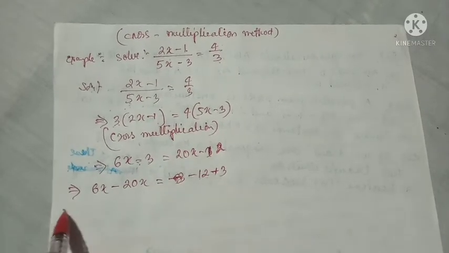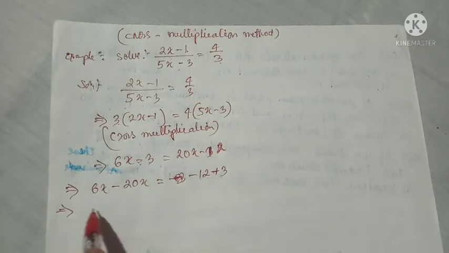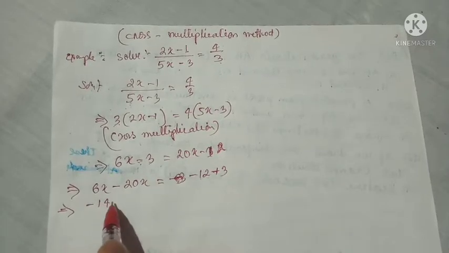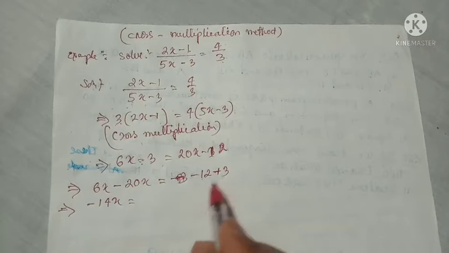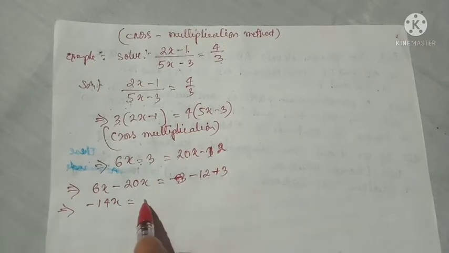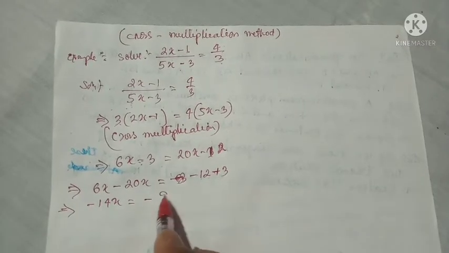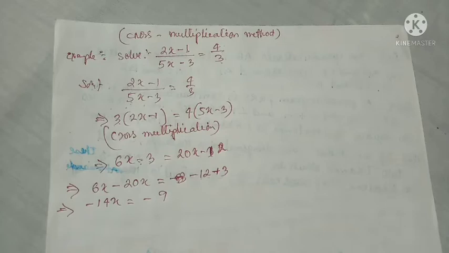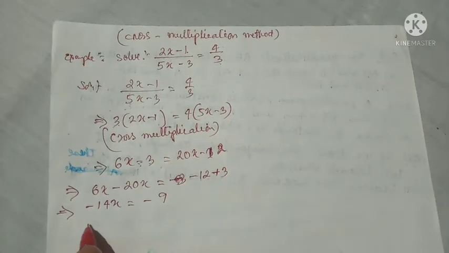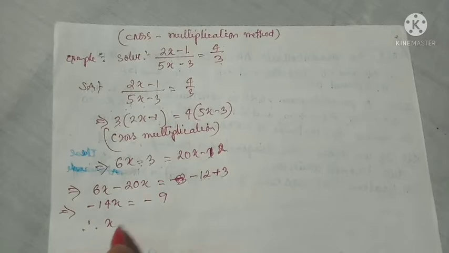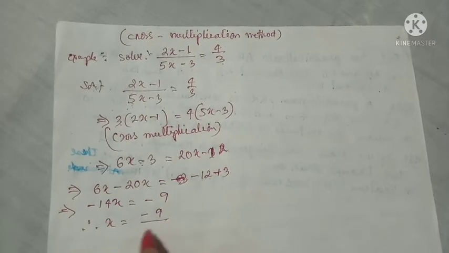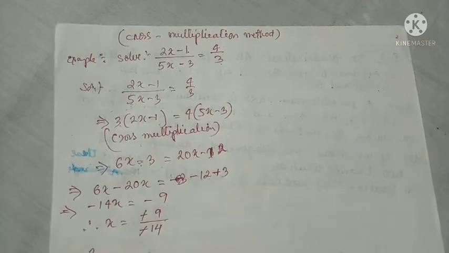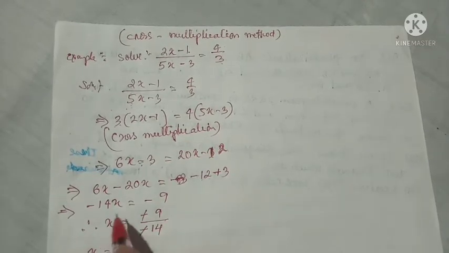The variable side will be minus 14x, equal to minus 9. So x equals minus 9 by minus 14. You can remove the minus signs, then the value is 9 by 14.